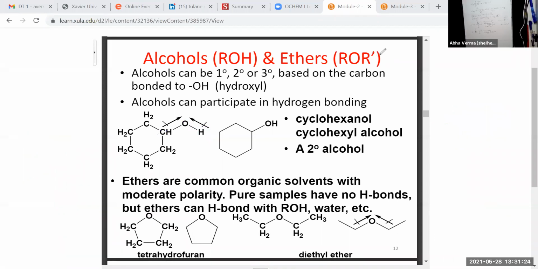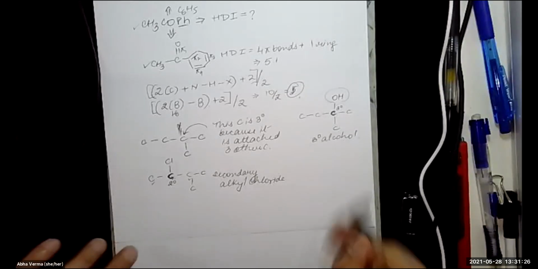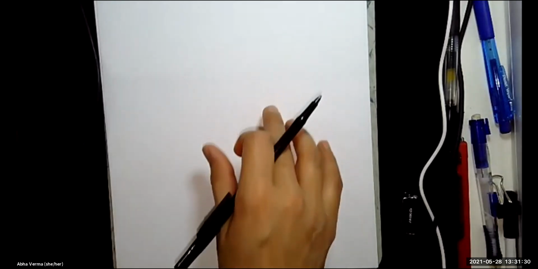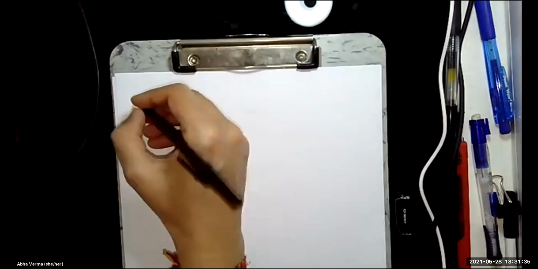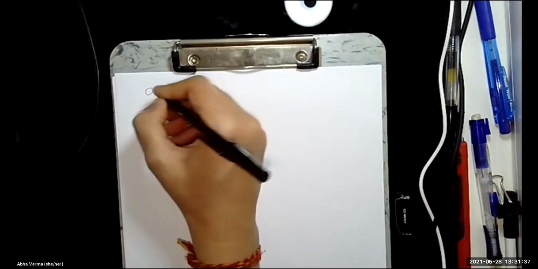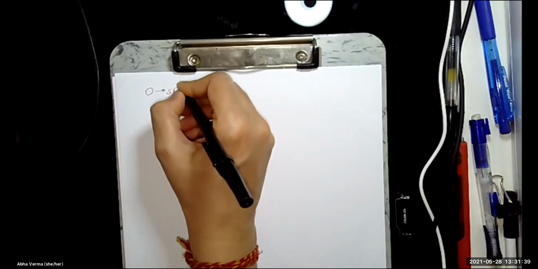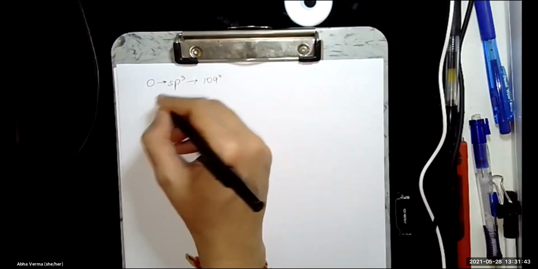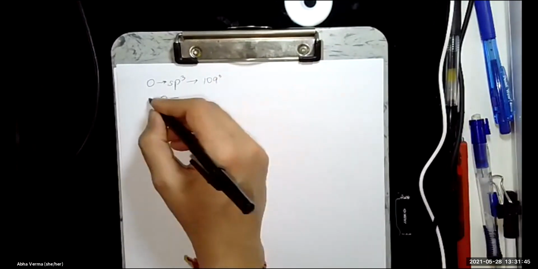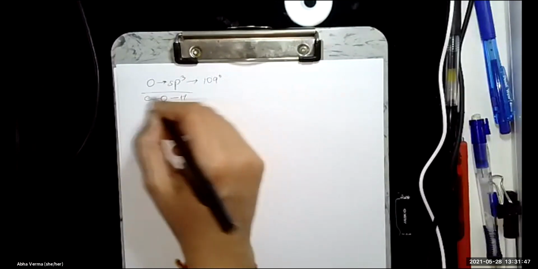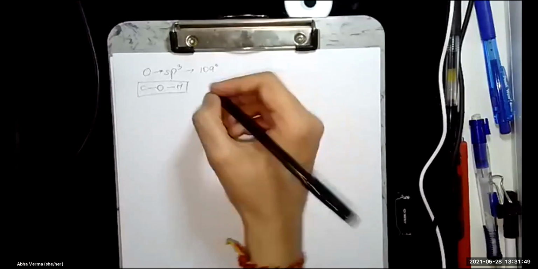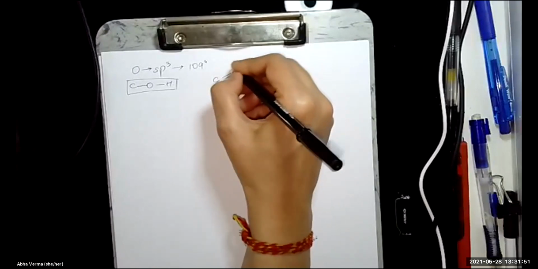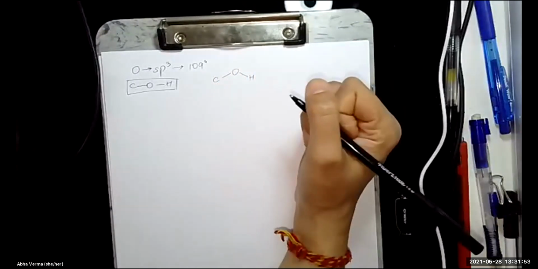So with that knowledge, if you know that your oxygen is an sp3 hybridized element with a 109-degree angle, will you draw your bonds in a square box or like a zigzag?